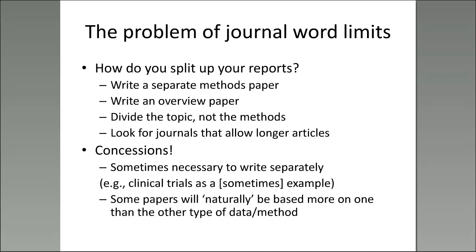So that can be a situation where there's an urgency about getting out a particular set of results, and so they get written up separately. If that happens, then it's still important to write those in the context of the whole study and to make sure that they are placed within that broader context so that people realise that there will be other papers or that there are other papers around the same study.